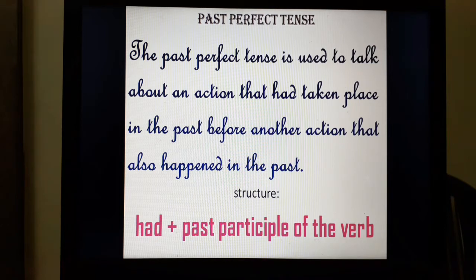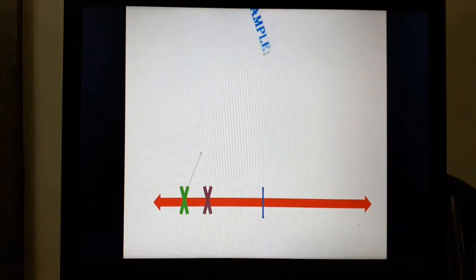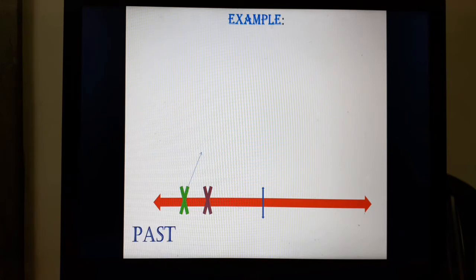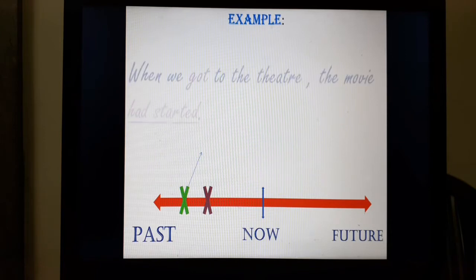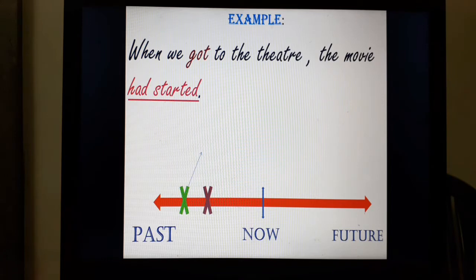Let's understand it with an example. As you can see, here is a timeline, and on one end is past, in the middle is now, and on the other end is future. Let's see the example sentence. When we got to the theatre, the movie had started.